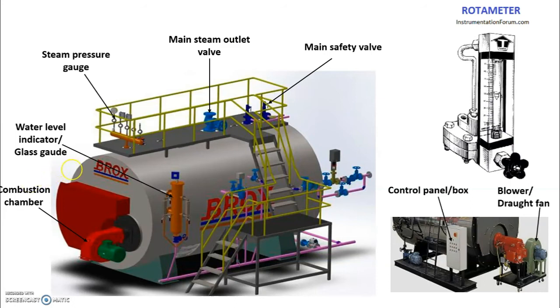So now let's look at another part, which is the control panel. The control panel also provides an essential role in the steam boiler. It gives information to the attendant or the operator of the steam boiler whenever there is a shortage of water or any technical problem inside the steam boiler.